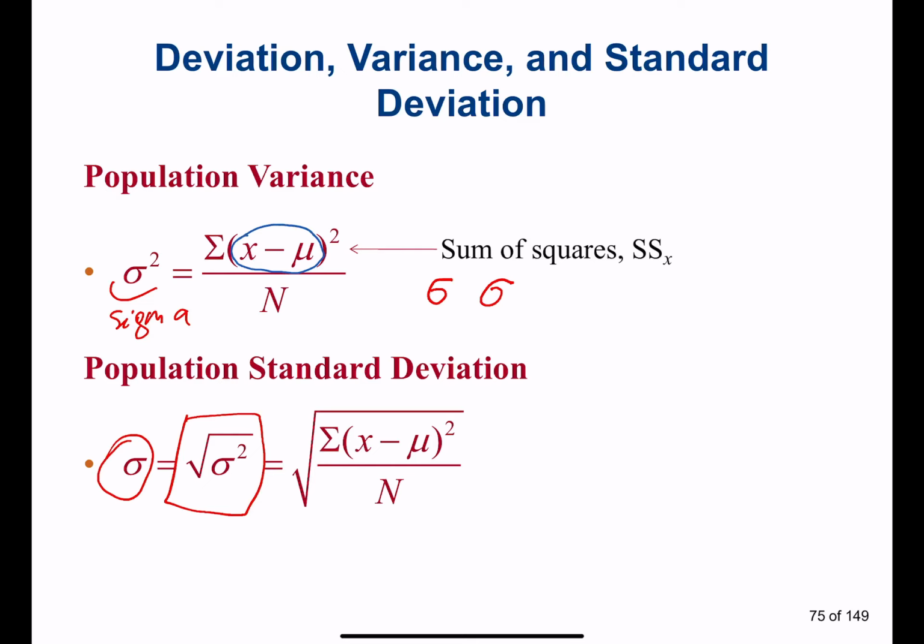Because the deviation can be negative, and distance cannot be negative, therefore we square and sum all these deviations from all elements, and divide by n, which is the number of all elements in the population. Once we find this value, we take the square root, and we get the population standard deviation.